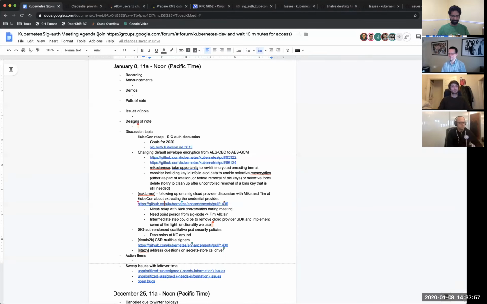And so the idea we had was to publish essentially a recommended pod security profile, with a qualitative description, and then have links to: this is what this actually looks like in pod security policy, this is what this looks like under Gatekeeper, and anyone else that wants to add to that.